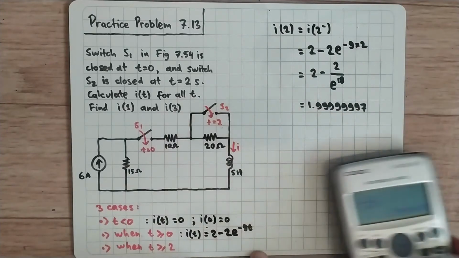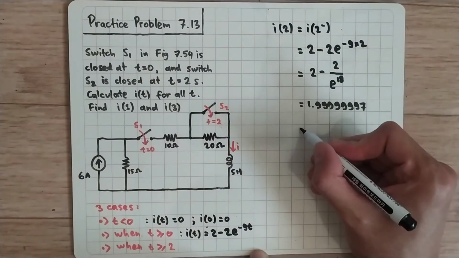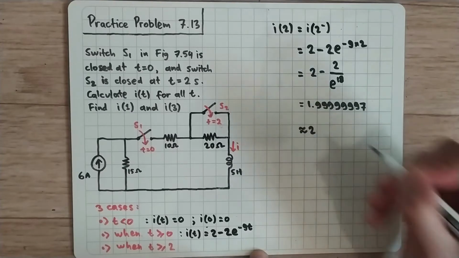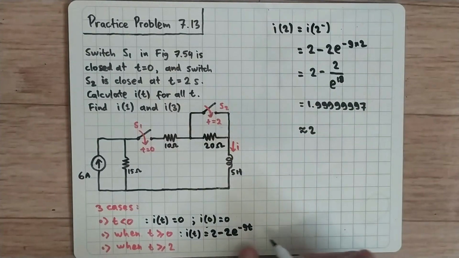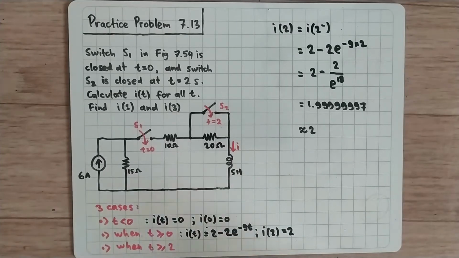Because this is too many decimal points, I just approximate this with 2, right? So here I2 is approximately 2, so it's equal to 2 here. And we need to move on to the third case. Let's clean the board and we start calculating the third case.